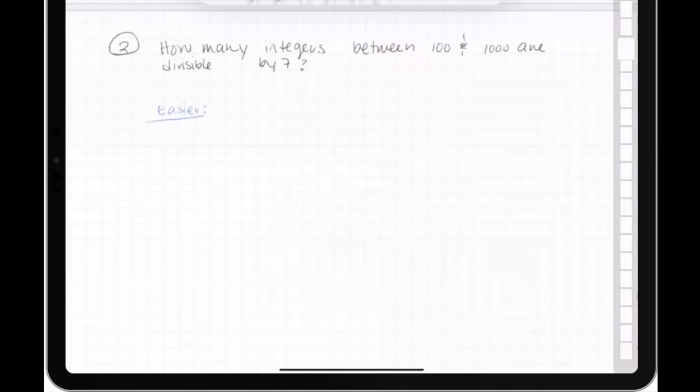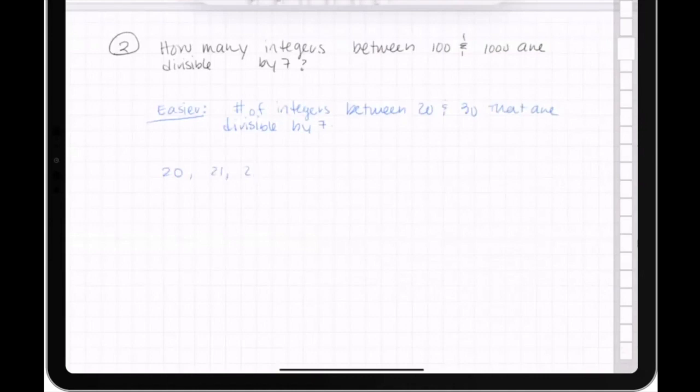What if we look for the number of integers between 20 and 30 that are divisible by 7? And I say that's easier because we can do this by brute force.